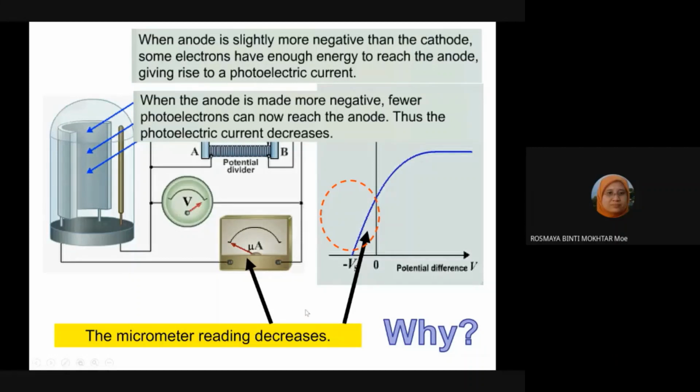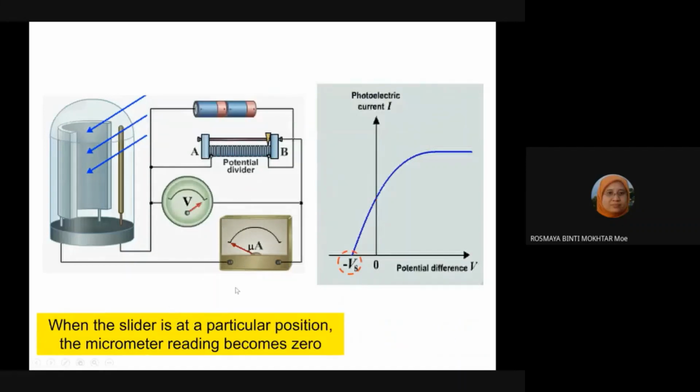Okay, any problem for this part? No? Okay, so now the other part, at the point here where the current becomes zero. We increase the voltage until the meter shows zero reading. Even if we keep increasing the voltage across the cathode and anode, the meter still shows zero reading.